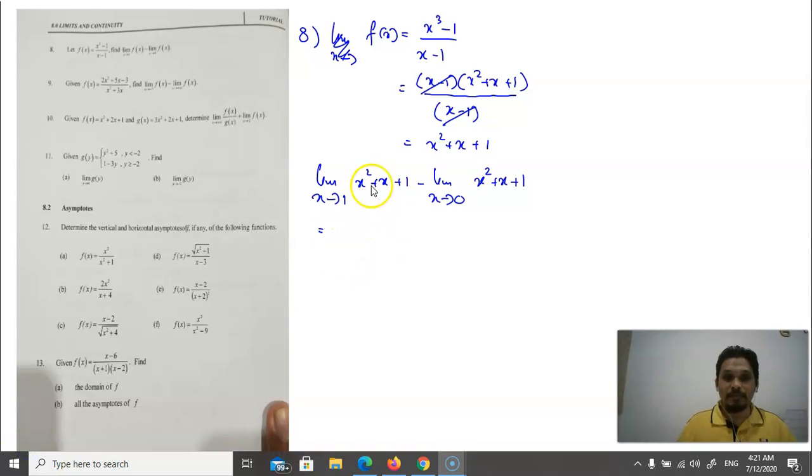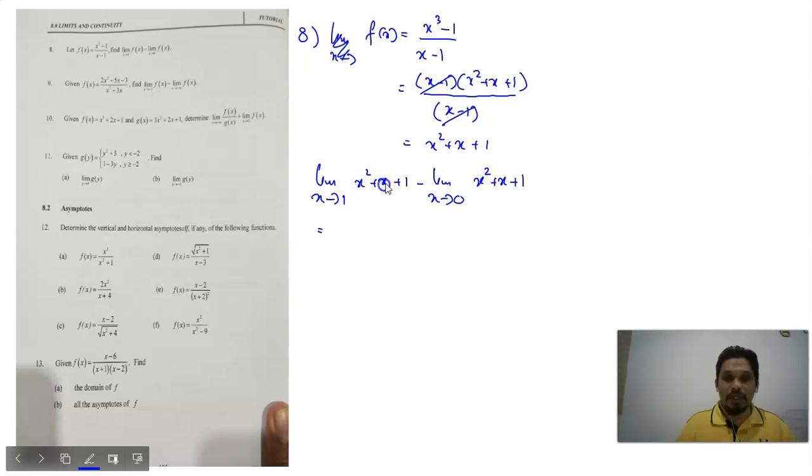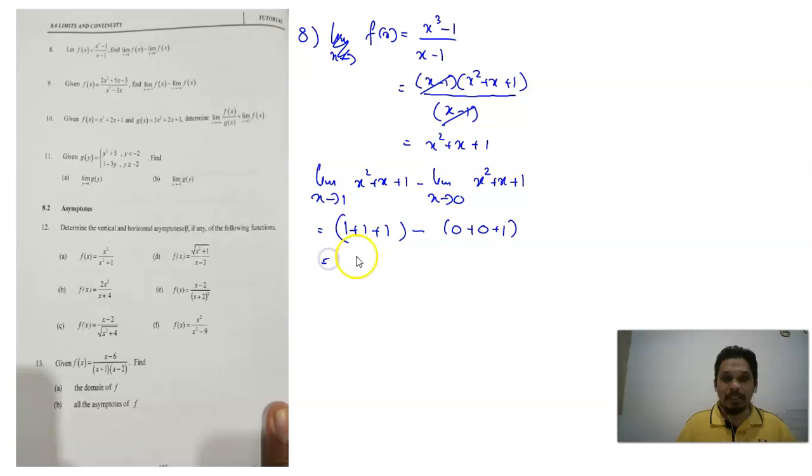Now just substitute x with 1: 1 squared, 1 and 1. So 1 plus 1 plus 1 minus, x approaching 0, 0, 0 and 1. Then 0 plus 0 plus 1. Then come up with 3 minus 1 equal to 2. For question number 9 and 10, you try by yourself.